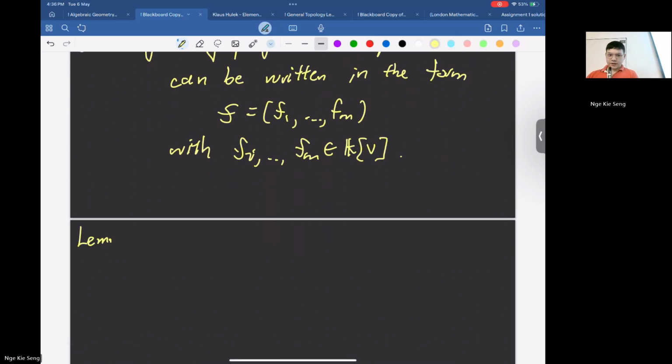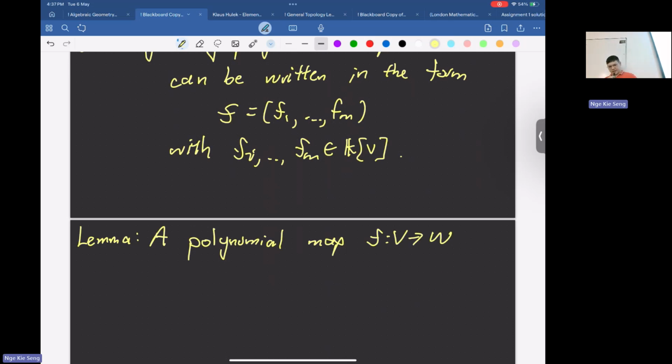Okay. Lemma. A polynomial map, in your calculus or analysis, you show that it's continuous. Similarly, it is continuous in the sense of Zariski topology. I reckon that some of you haven't done continuity in topology yet.